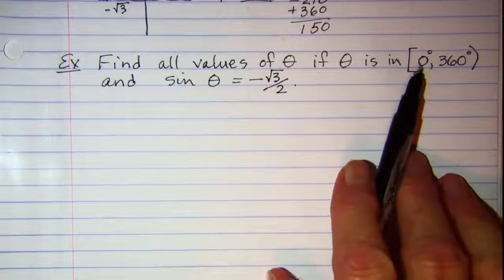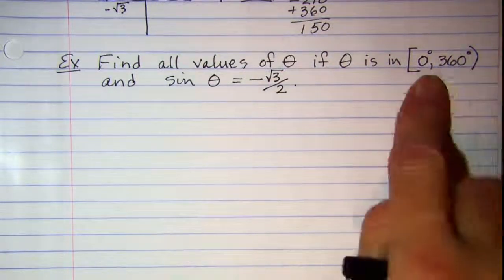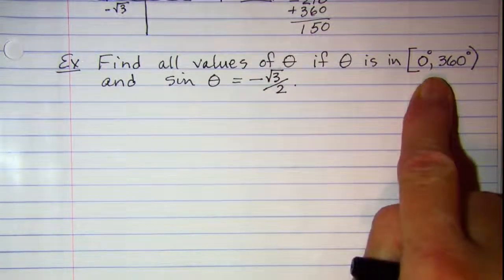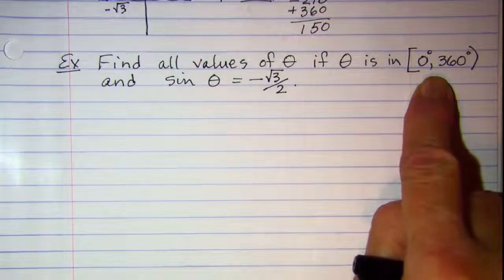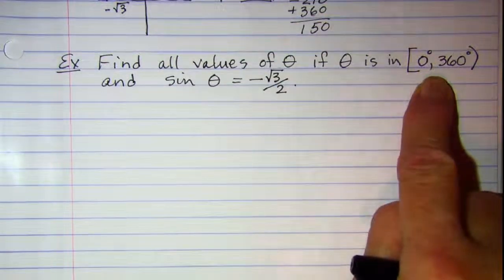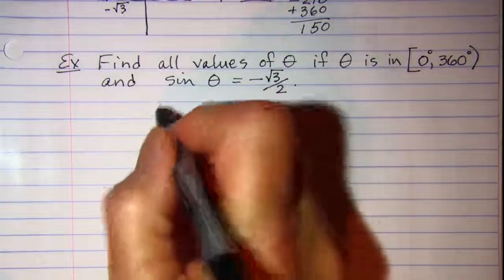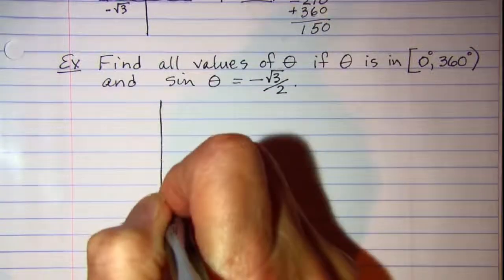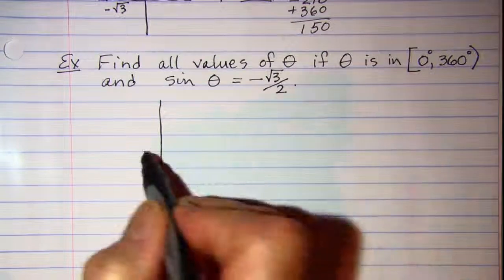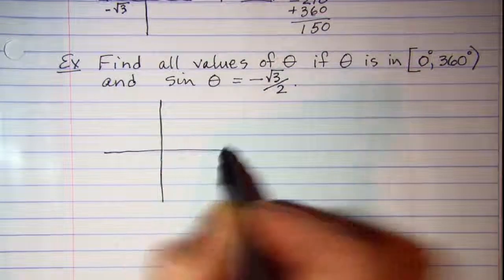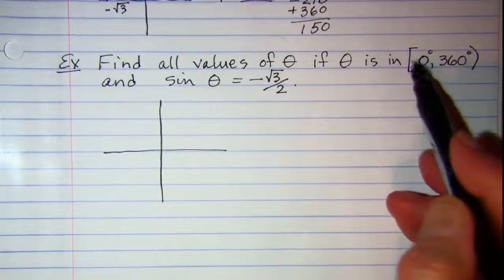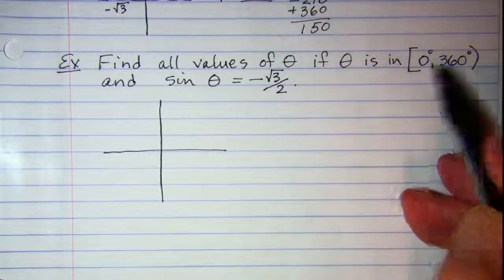Alright, this is there only to keep you from doing more than one revolution. So we're just talking about the 4 quadrants, nothing more than that. And then also no negatives, since my interval does not include any negative numbers.